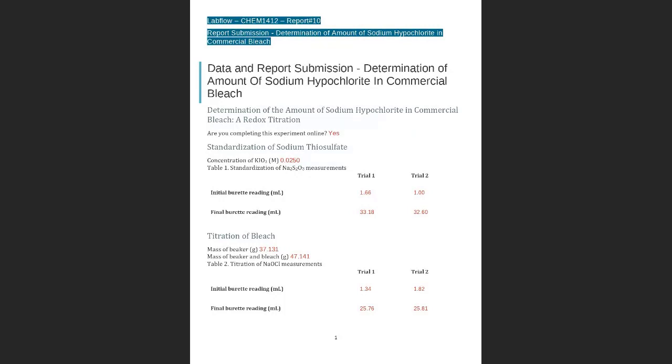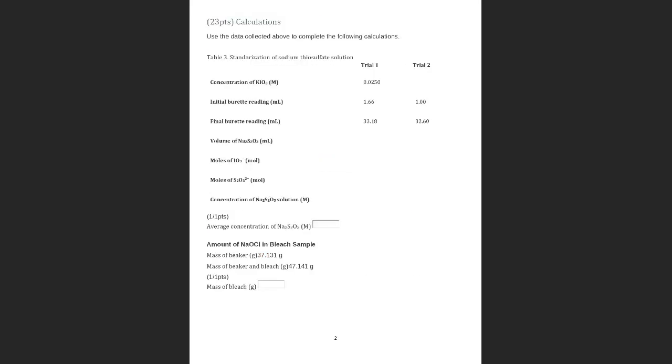First, you see the standardization. They give you the concentration of the iodate, and they give you the volume of the burette, and then they give you the information for the titration of the bleach. So they are basically two different redox titrations or redox reactions.